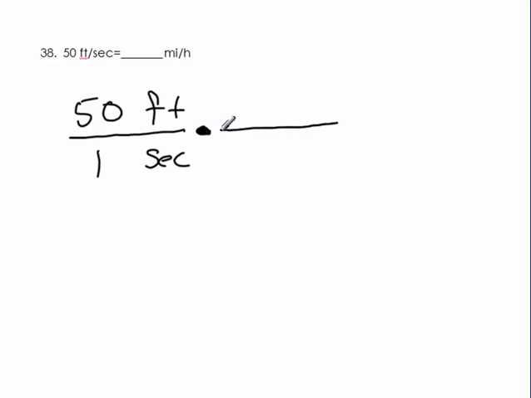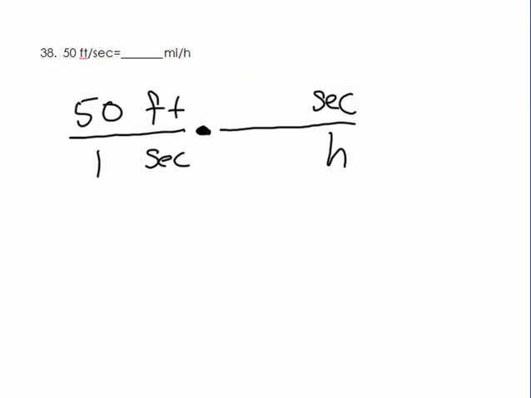Now this is where I need to pick either feet or seconds. It doesn't matter. I'm going to choose seconds. I could have done feet in the denominator. Again, the idea is to cancel my units. But I need to turn seconds into hours. That's the one with time.